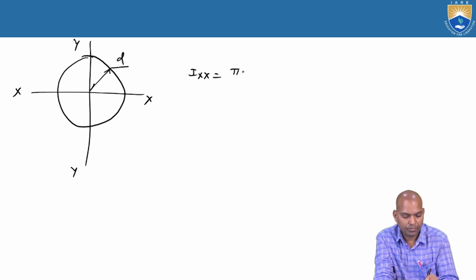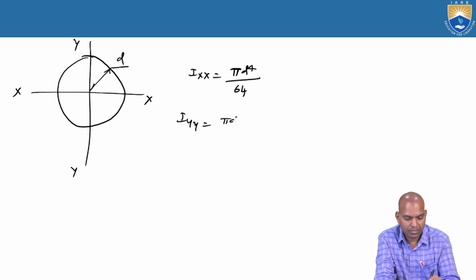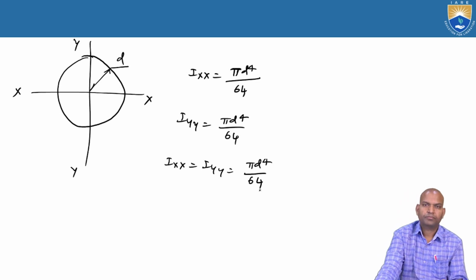Ixx equal to pi d power 4 by 64, and Iyy equal to pi d power 4 by 64, so Ixx equal to Iyy, equal to pi d power 4 by 64.